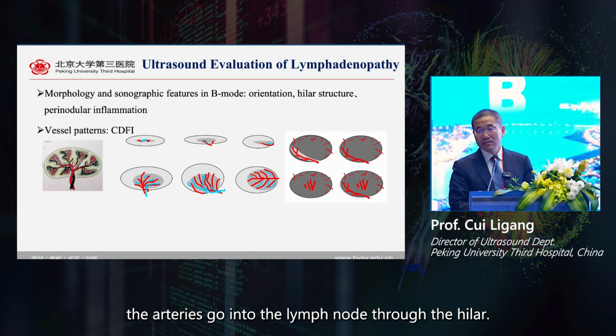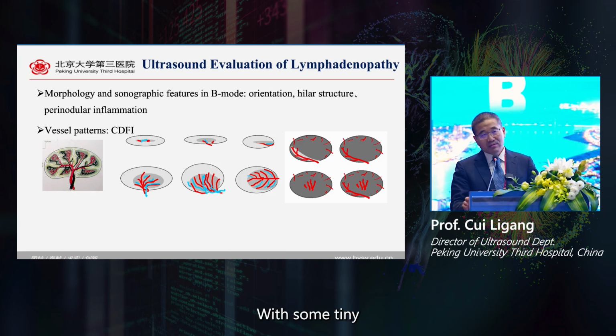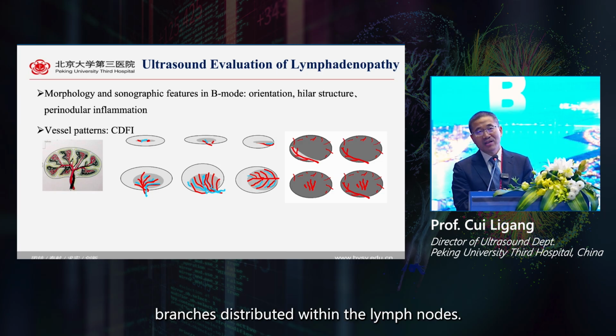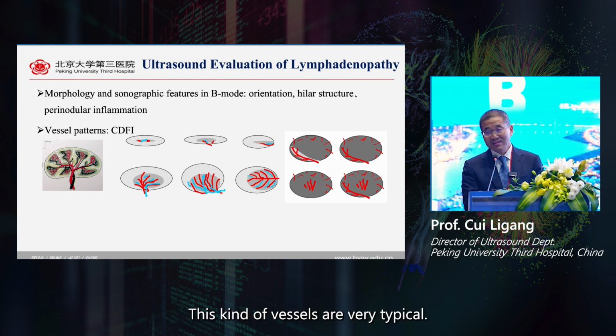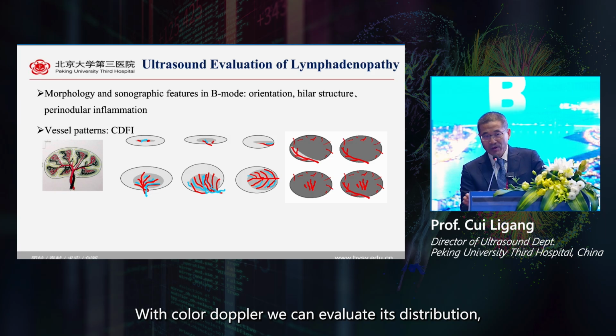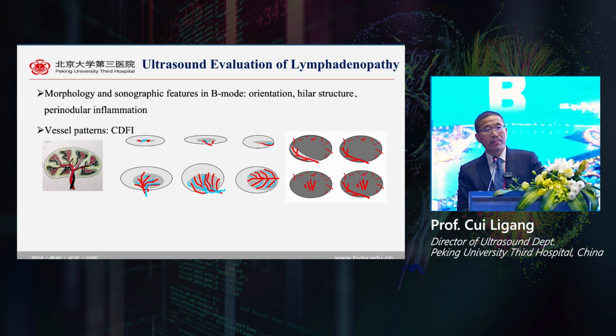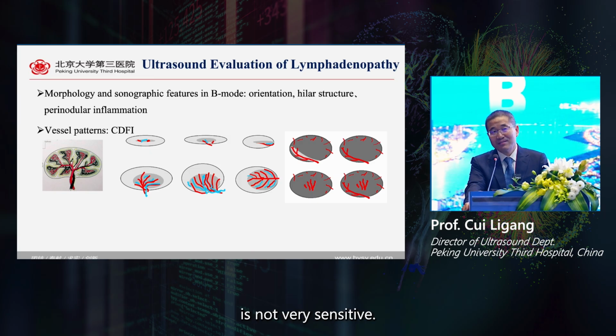The arteries go into the lymph node through the hilum with some tiny branches distributed within the lymph node. This kind of vessels is very typical. With color Doppler, we can evaluate its distribution, but general color Doppler is not very sensitive.